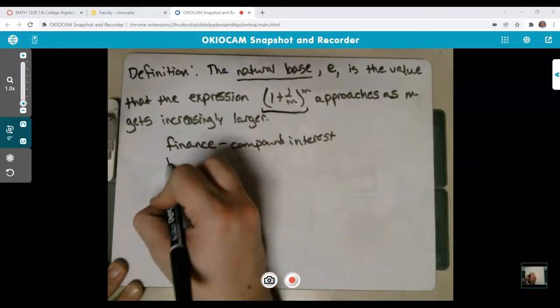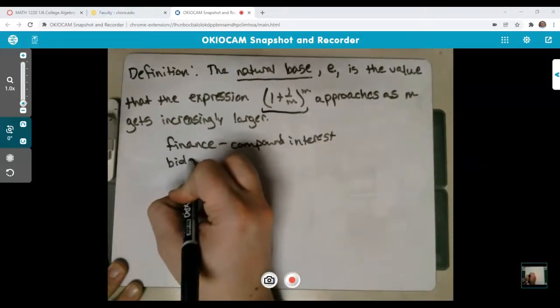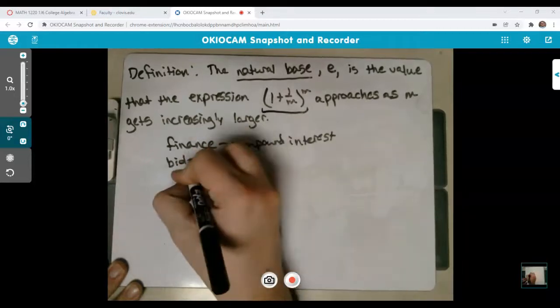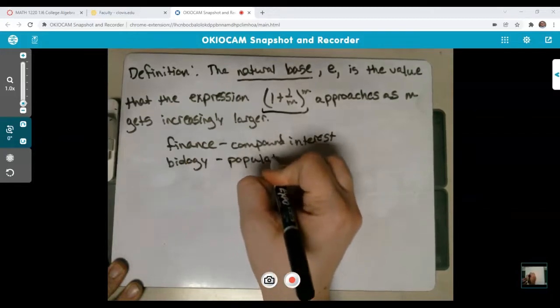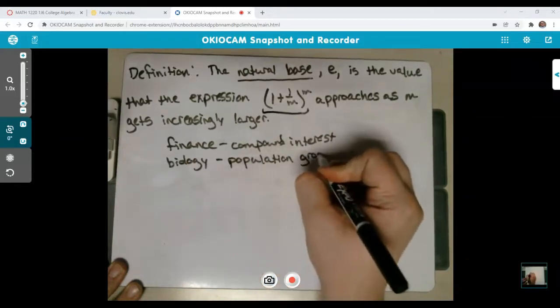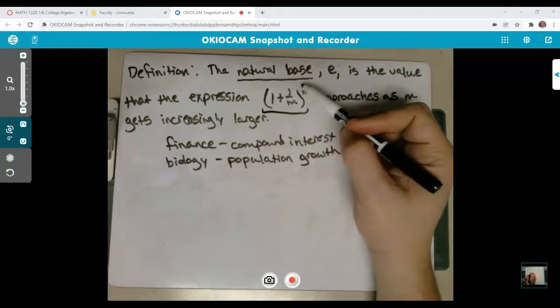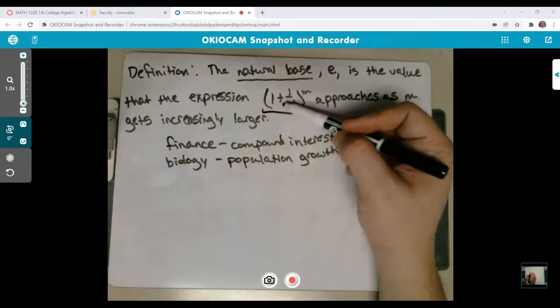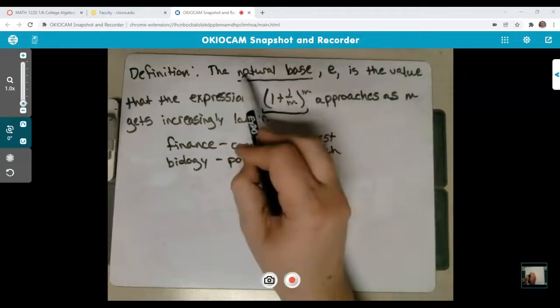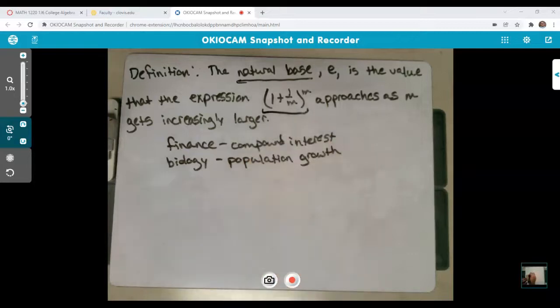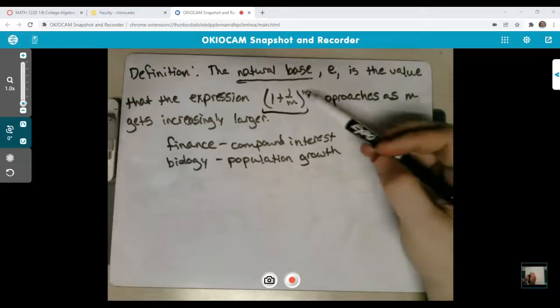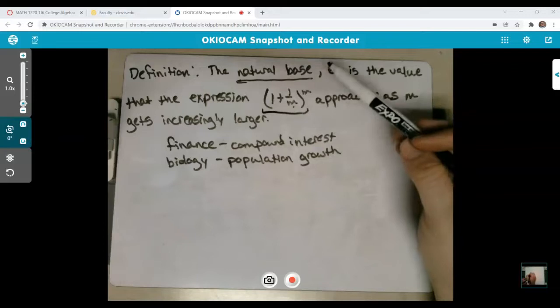We see this term in biology when we deal with population growth. And we see it a lot of different ways. So this is a term that comes up naturally. That's why that's the name of it. A lot throughout all math. And so as m gets really, really, really big on this term, it approaches what we call e.